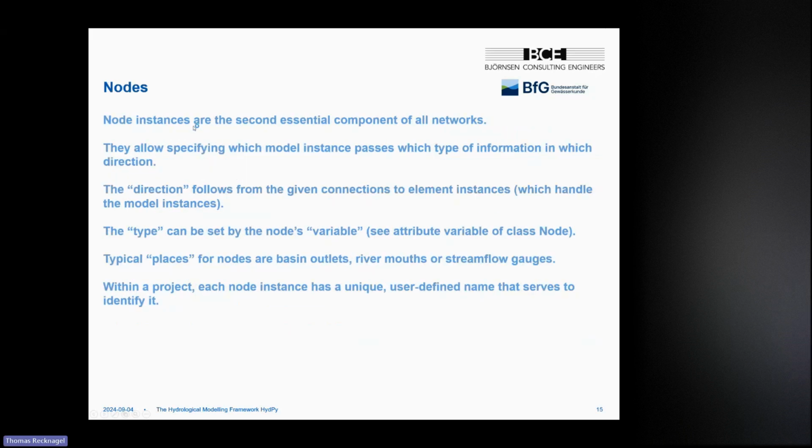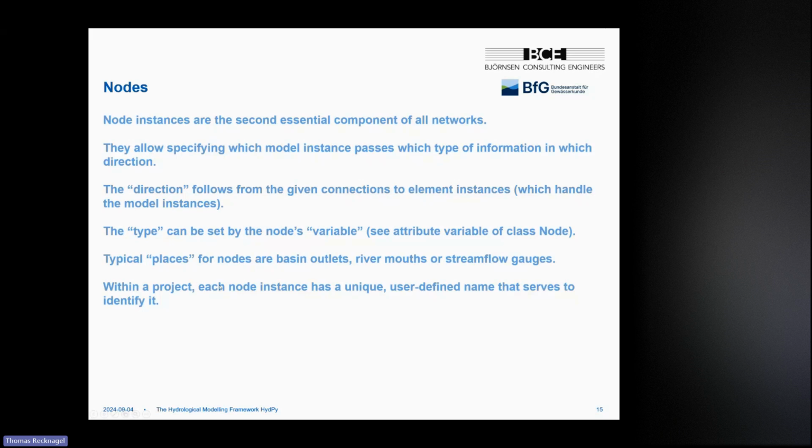Nodes, on the other hand, are the second essential components of all networks. They allow specifying which model instance passes which type of information in which direction. Nodes have different types, like variables. For example, if you have a runoff, you have a node with variable Q. Typical places for nodes will be basin outlets, river mouths, or stream flow gauges.